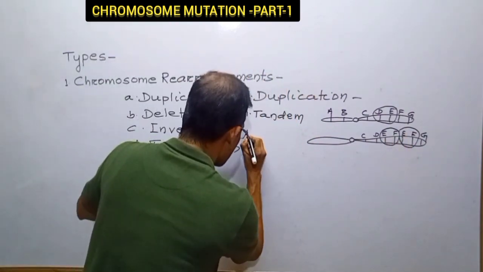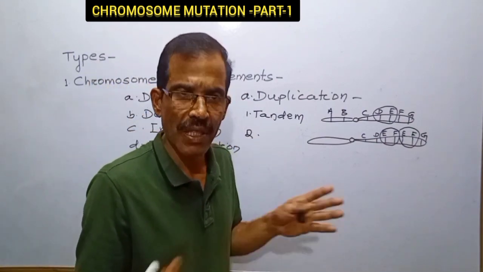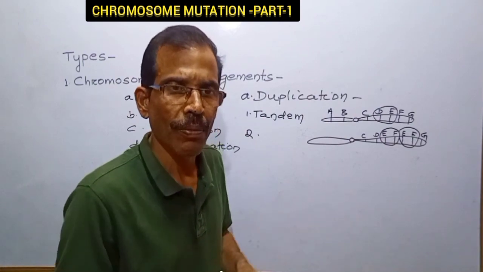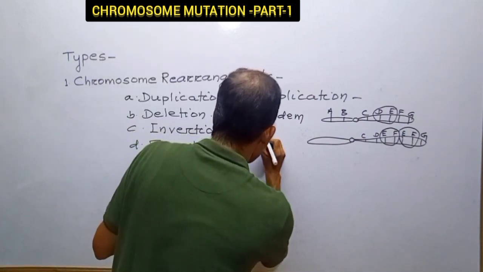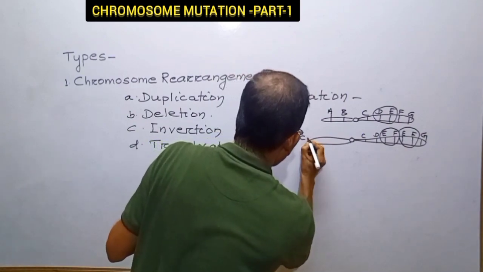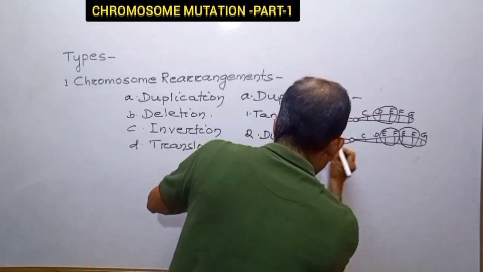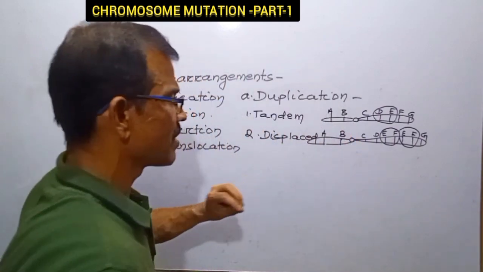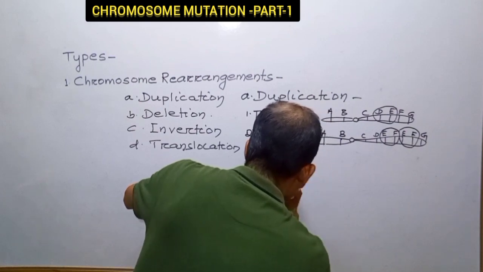In some other cases, the duplicated region is located at some distance on the same chromosome or another chromosome, and that type of duplication is known as displaced duplication. So in this example, we will see how the chromosome rearrangement takes place due to displaced duplication.